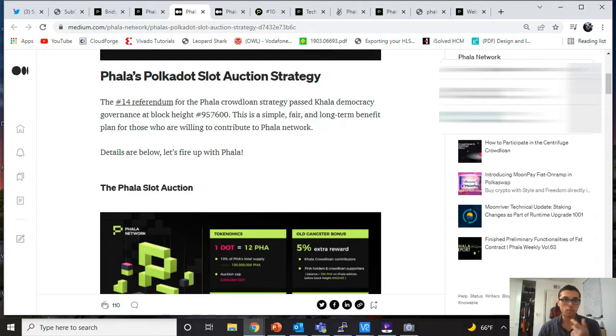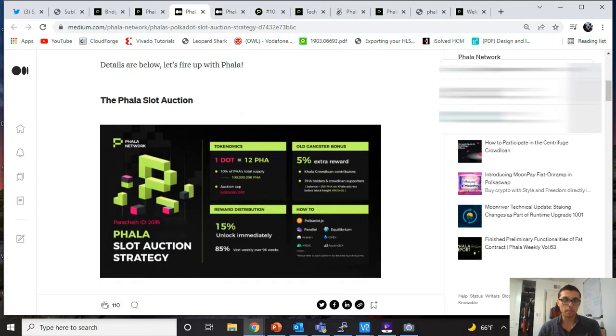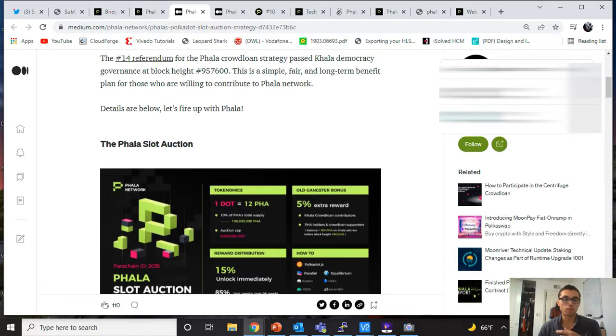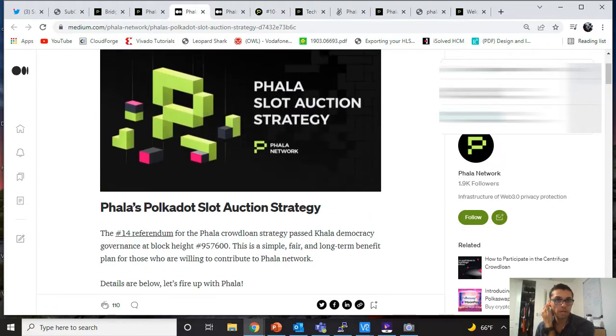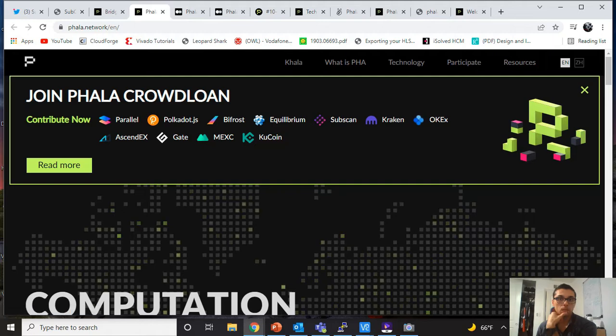So for every DOT that you stake and vote for them, they'll return 12 Phala tokens. And then you get your initial stake back, as far as I understand. I've never done that before, but if you're interested in doing that, you can.